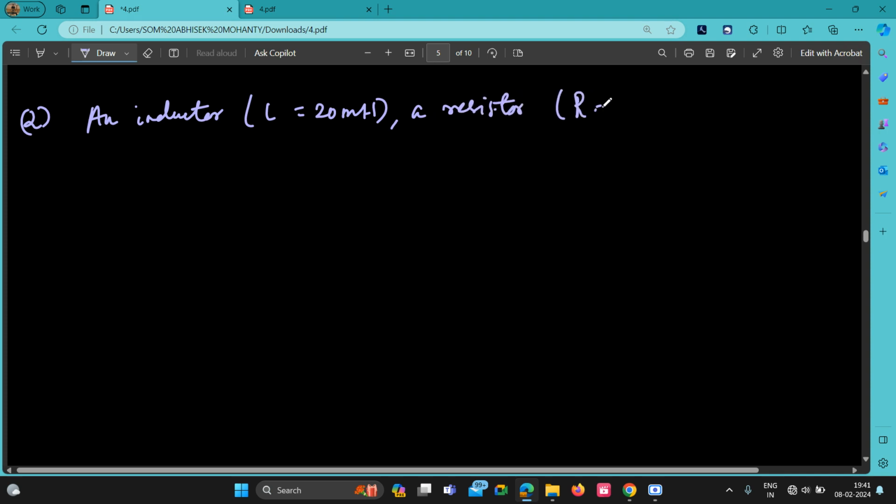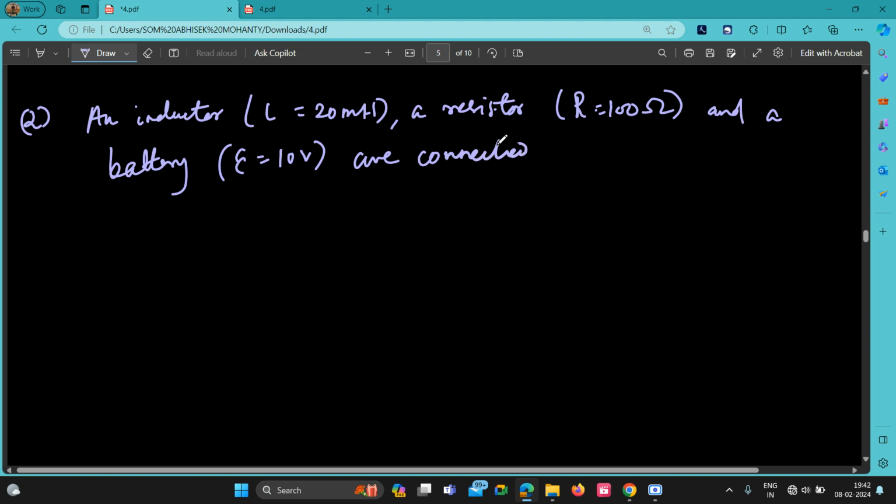This was question number one. Question number two. An inductor L is equal to 20 millihenry, a resistor R is equal to 100 ohm, and a battery E is equal to 10 volt are connected in series.